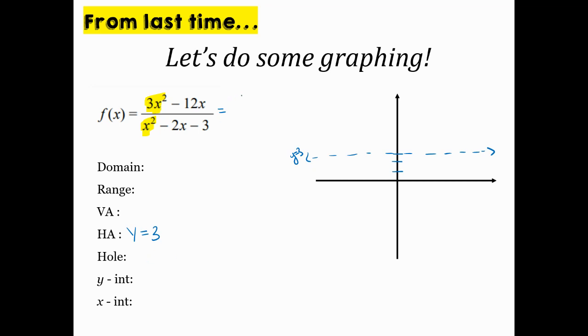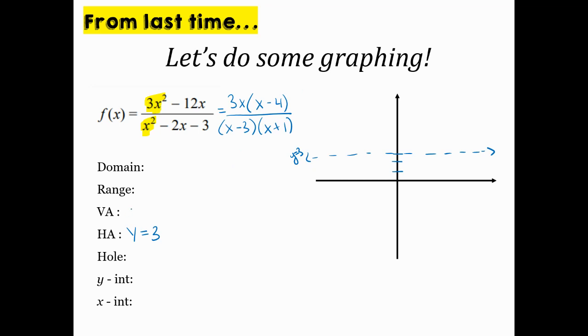Okay, now let's factor it. I can factor out a 3x in the numerator, and then I would be left with an x minus 4. And this denominator is going to factor into x minus 3, x plus 1.